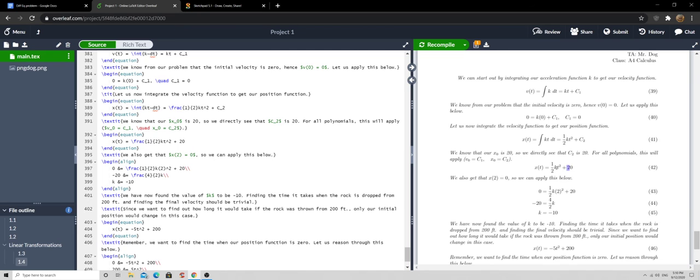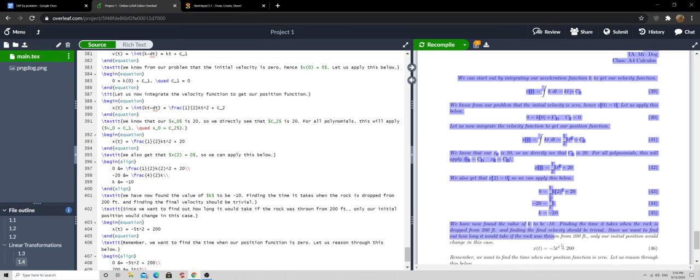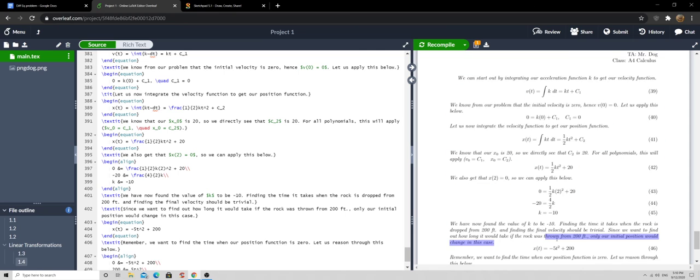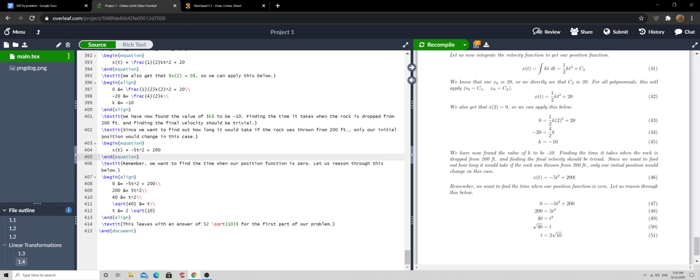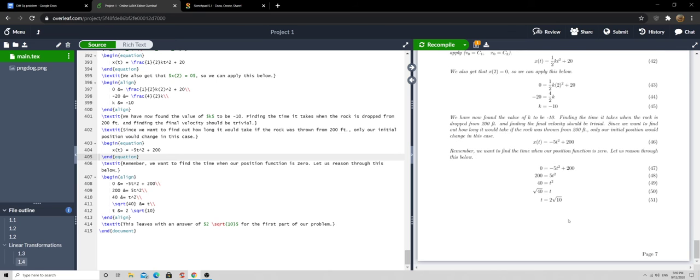I need to look at this one. So original would be 20, and we just get 2 at t is equal to 2.